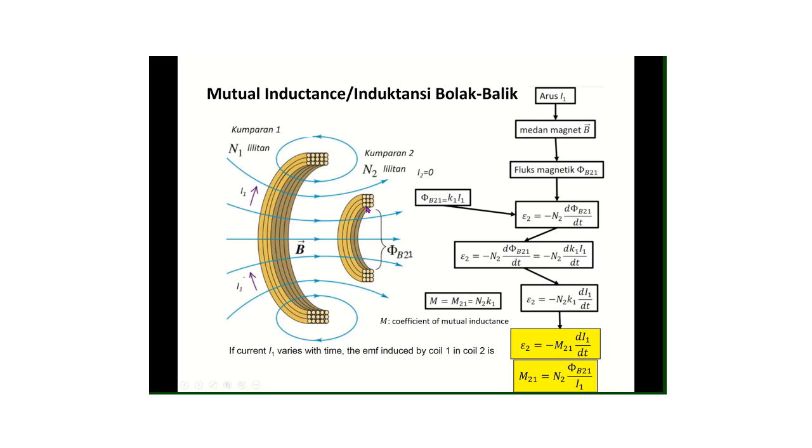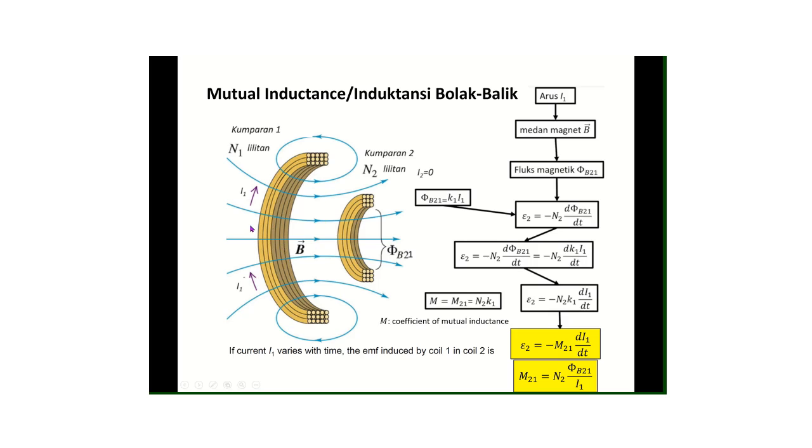From the previous meeting, you already know the concept of Faraday's law: we can obtain the induced EMF because there is a change of flux per unit time. If coil 1 has a steady current I1, we know that the magnetic field is produced by the conducting wire.